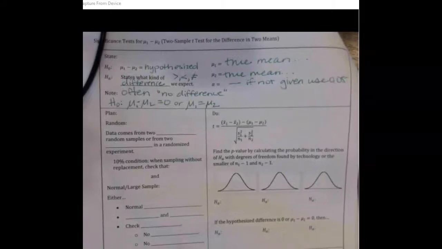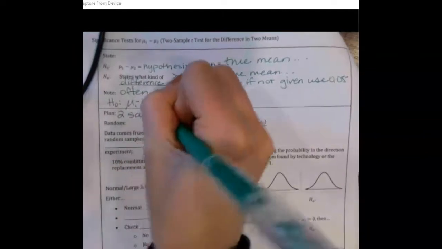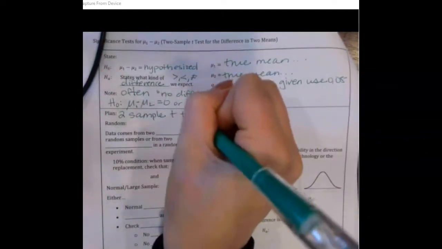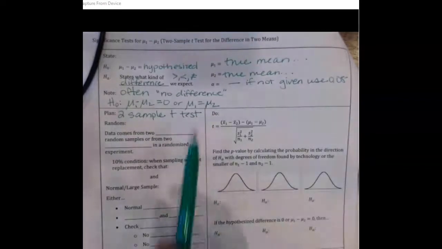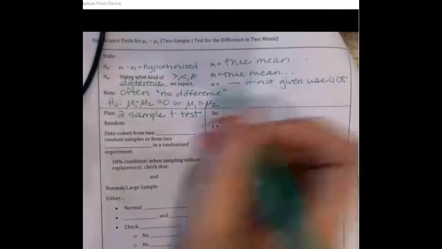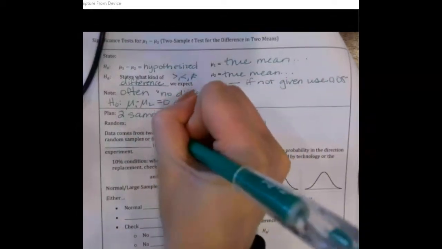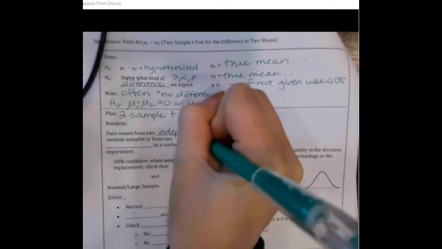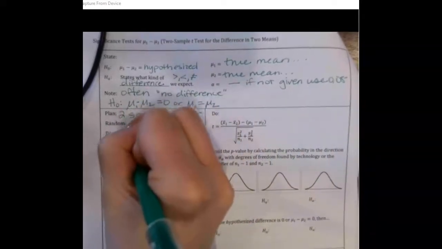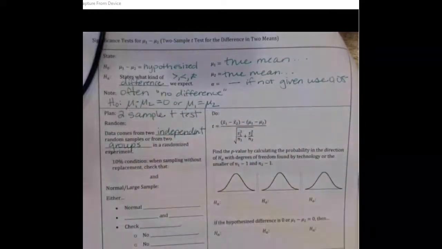And your plan, you gotta state the test name. It's a 2 sample t-test. Okay, so remember that for significance tests and confidence intervals, you can prove randomness if it comes from 2 independent random samples or from 2 groups in a randomized experiment.